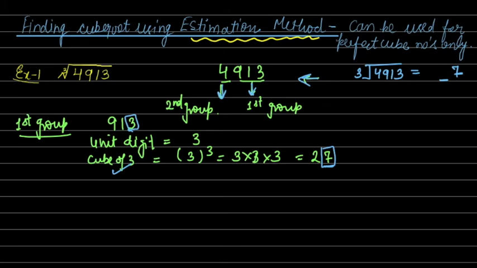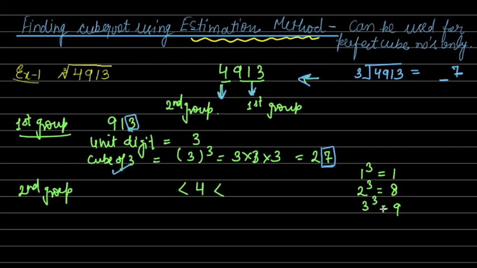Now we will see the second group. The second group is only a 4. You will see that 4 lies between the cubes of which two numbers, right? See, the cube of 1 is 1, the cube of 2 is 8, and the cube of 3 becomes 27.